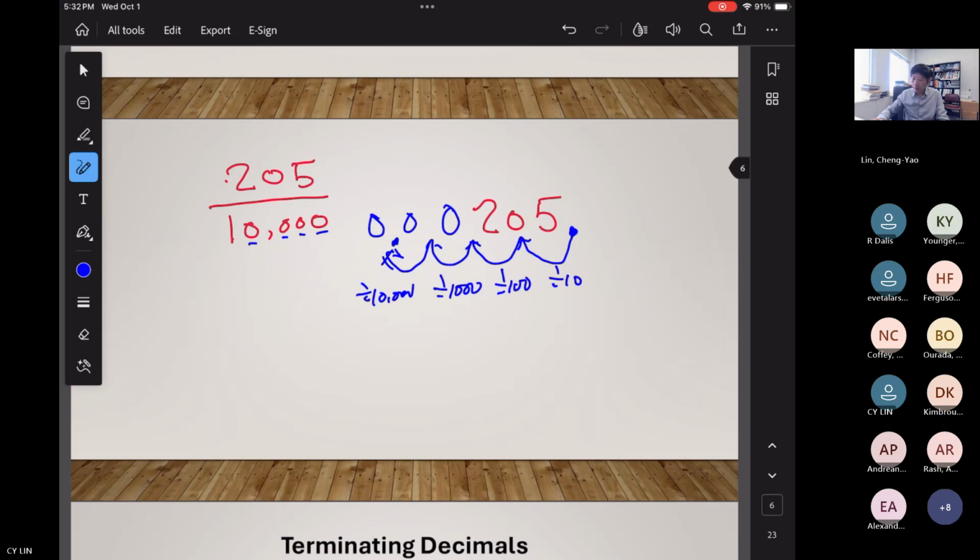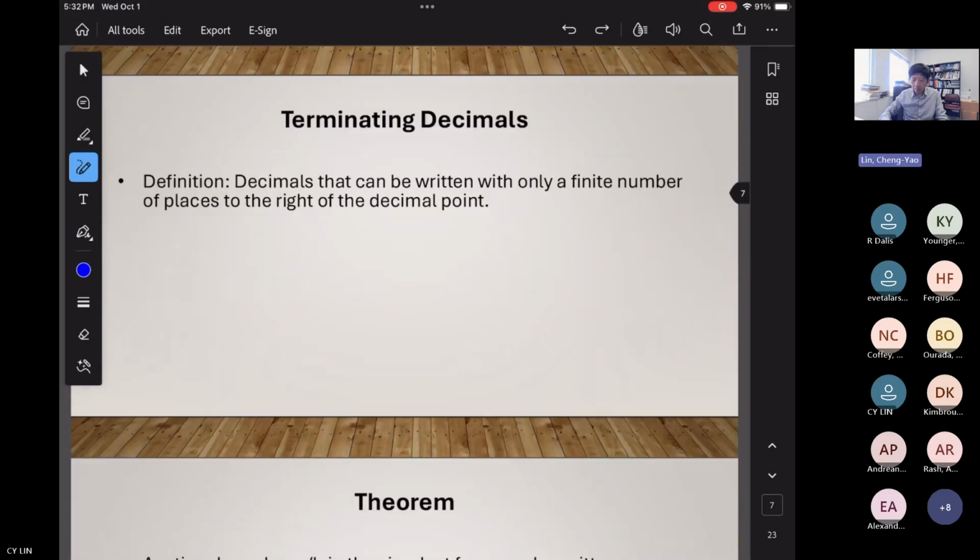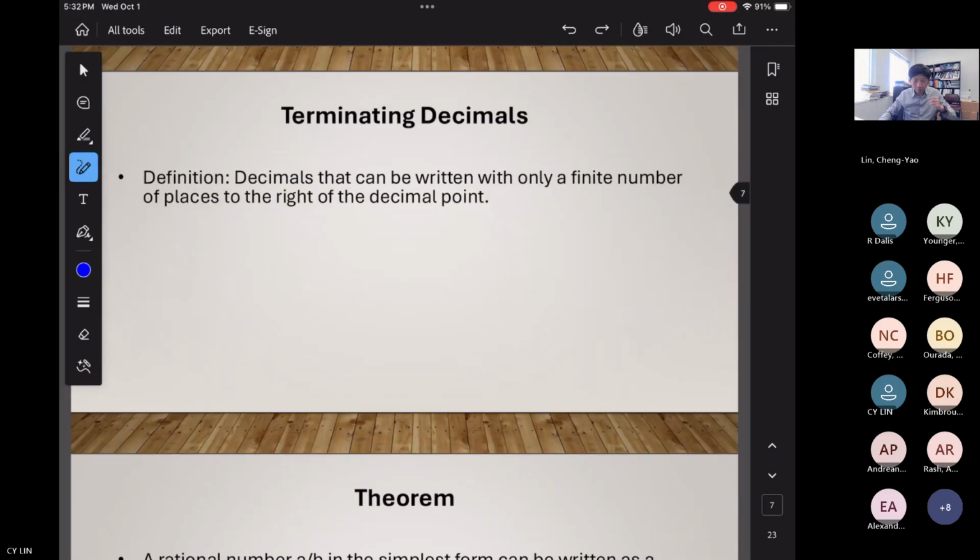All right. Now, what about the next problem? We're going to do the terminating decimal. Now here is the definition for decimals.